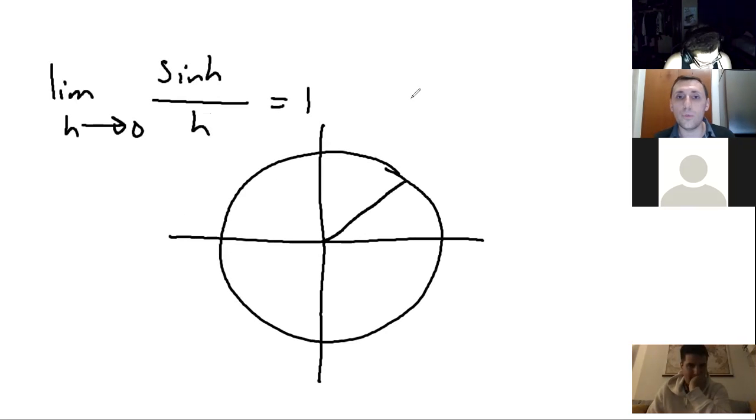The h is the length of the crust in radian measure. Here is h, and here is sine h.